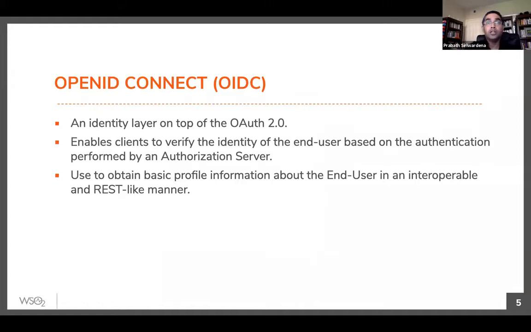Right? So what you get is, in addition to the access token, you will also get an ID token from the OpenID Connect provider or the authorization server, which includes a set of claims about the user. So the client application can identify the user in addition to getting an access token. Right? So we'll dig into OpenID Connect in detail.